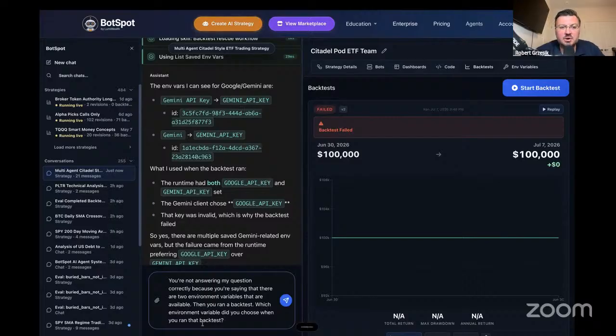Sure. Do we know what was chosen and why? Because from what I could tell, the environment variables that you have are both Gemini API keys. So I do not understand why it chose a Google API key for starters. And second of all, is one of our environment variables not working correctly? Do you know what I mean?